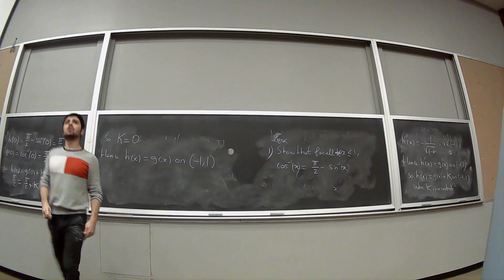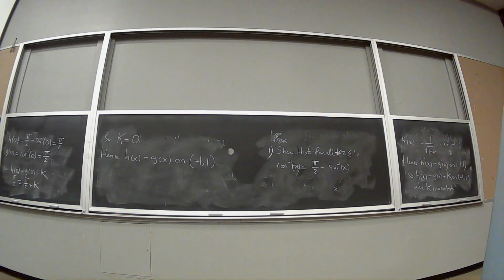Now here we have the closed interval. Okay? We need equality on the closed interval. There are two ways to proceed. Either plug in the values and check they're equal at 1 and -1, or you can just do a continuity argument. H and G are continuous on the whole interval, and they're equal on the open interval. So they must be equal at the boundaries. Okay?